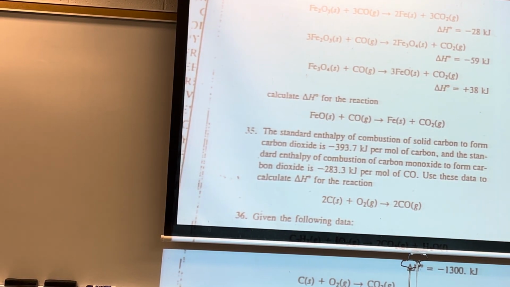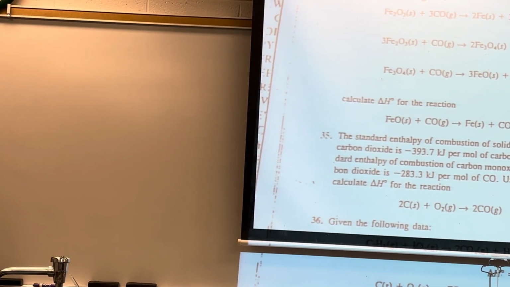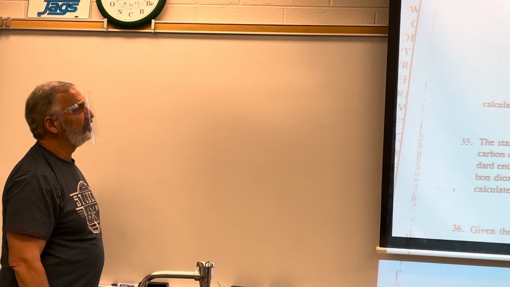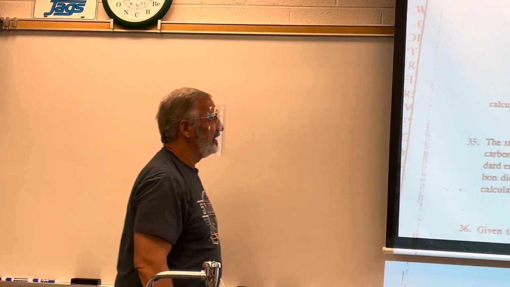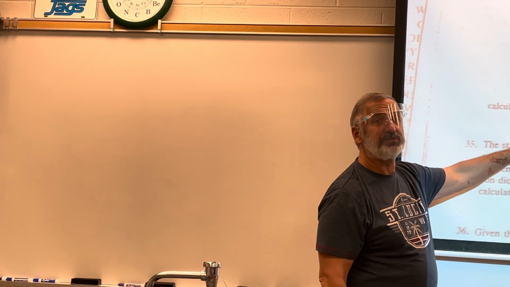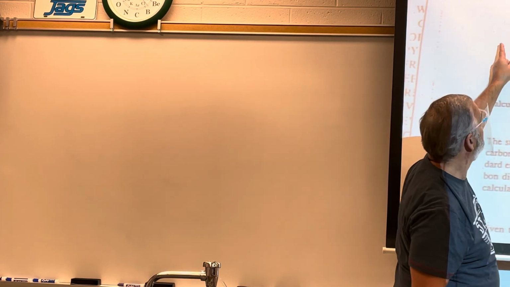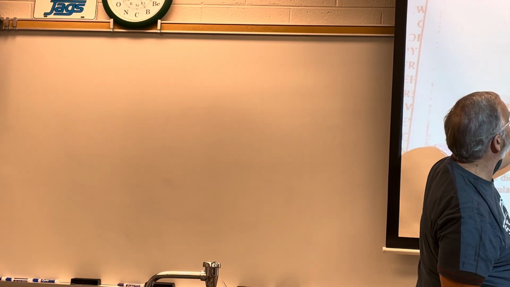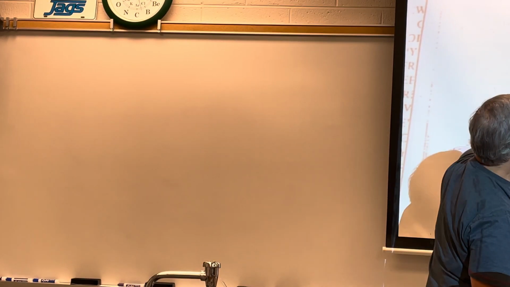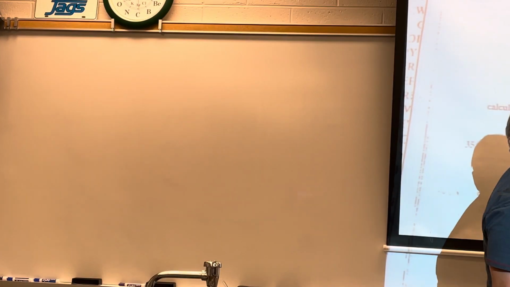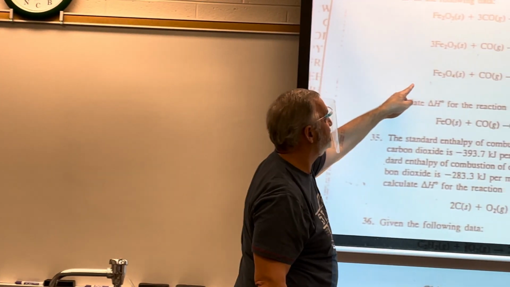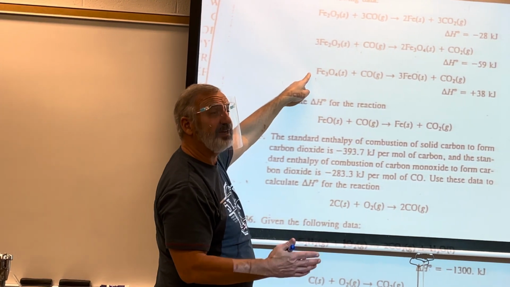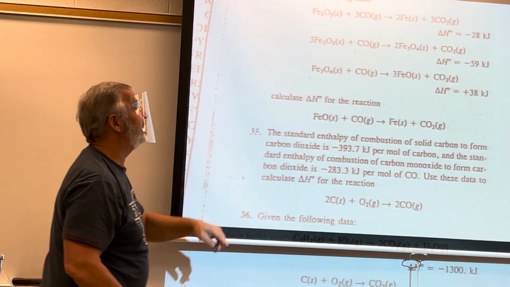You start with FeO. I want to start with FeO because that's only in one place. The only place FeO is right there. So what do I need to do to this equation? Reverse it and multiply by a third.